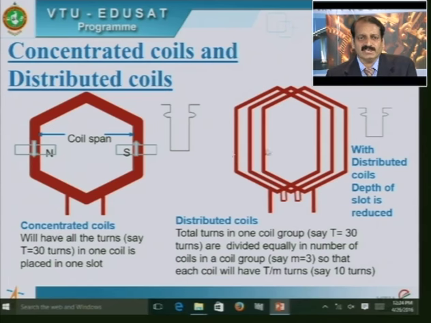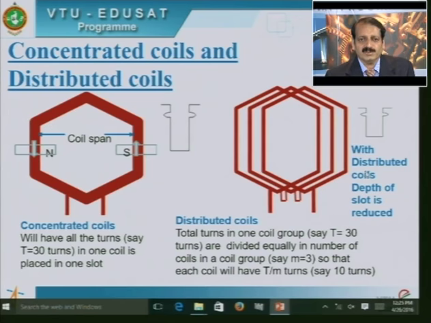So, m is equal to 3 in this particular case, and the number of turns in each coil is given by total turns 30 divided by m, or in general T by m. Since m is equal to 3 and T is equal to 30, we will have 10 turns in each of these coils, and the depth of the slot required to house these 10 turns is less compared to the first case.